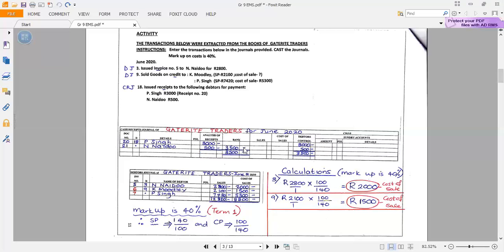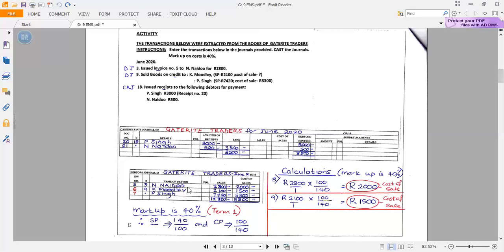Record the total of 3,500 under bank. So my instruction was to cast the journals. Let's begin. I will total up my bank column. That gives me 3,500. And the only other column that I affected in amount is in the debtors control. So that is also 3,500.